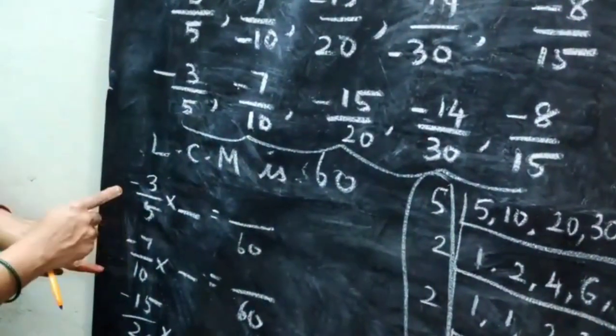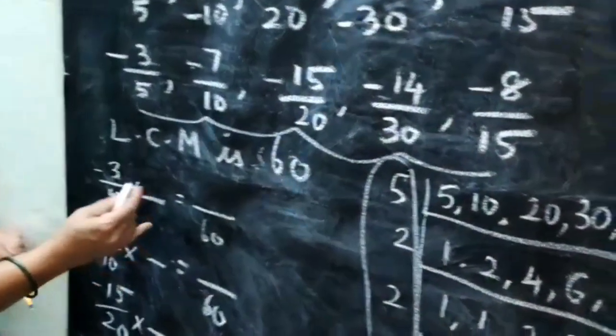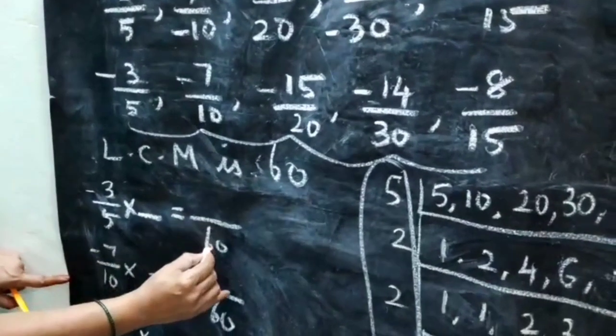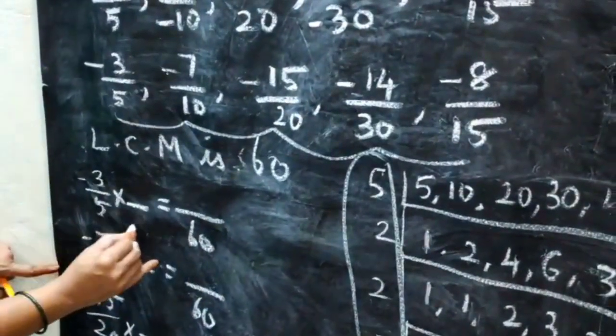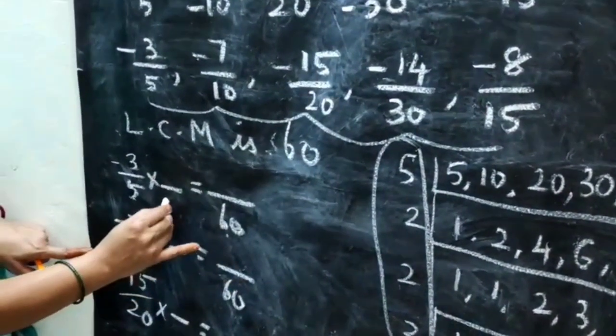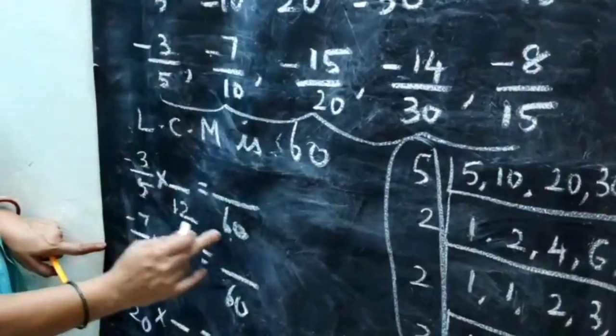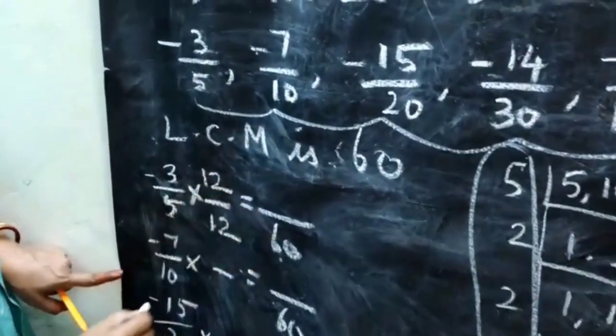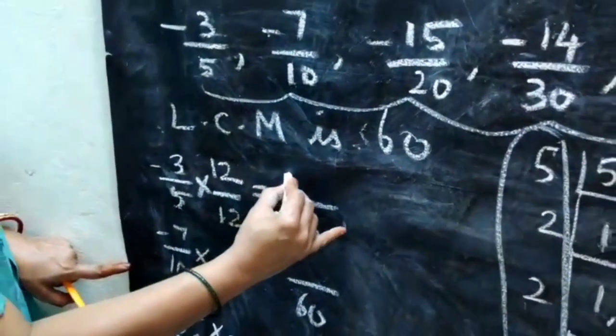First fraction: what is the fraction? Minus 3 by 5. Now which number do we multiply to get the denominator 60? 5 to which number multiplied gives 60? 12 5s are 60. 5 12s are 60. So here the denominator you write 12. Numerator also write 12. 12 3s are 36.